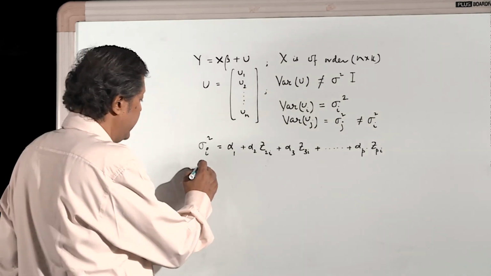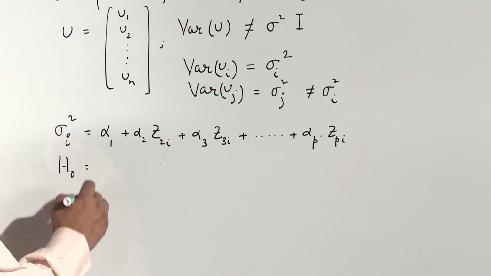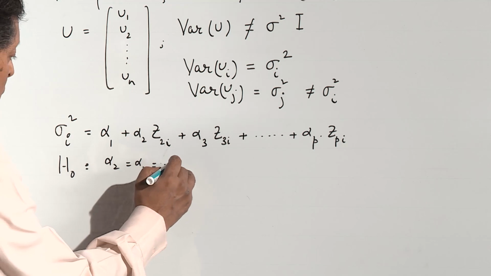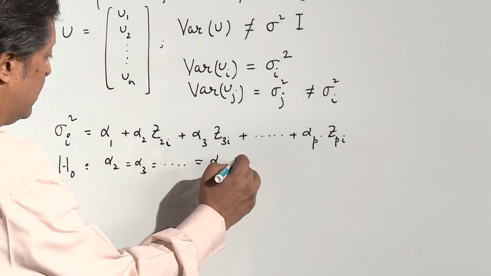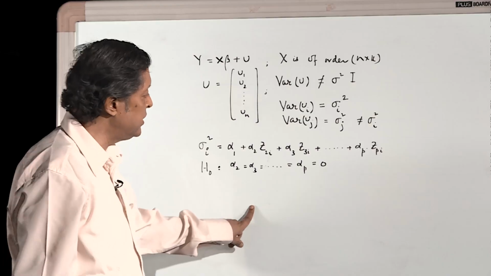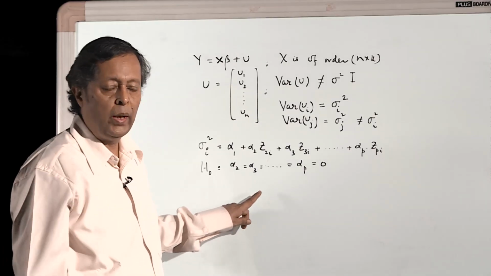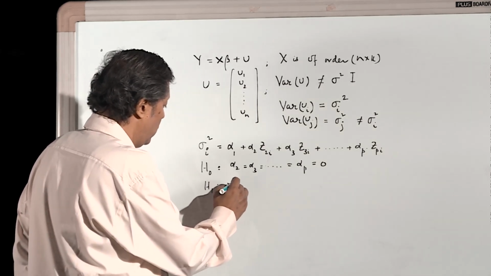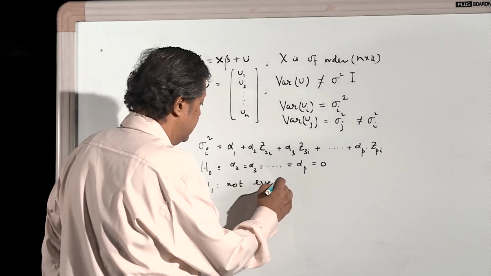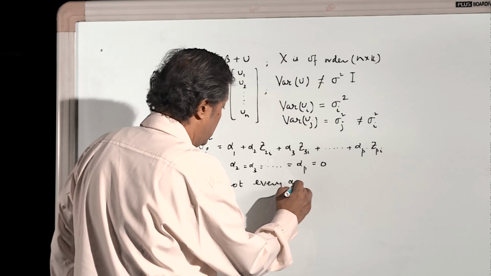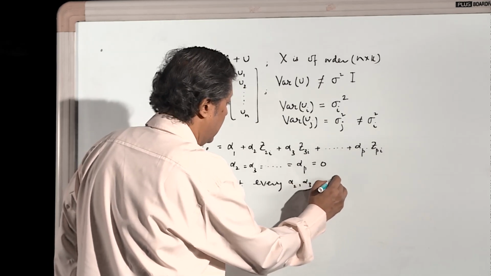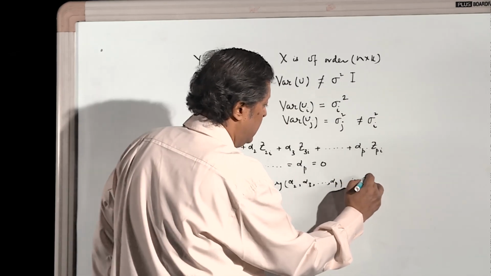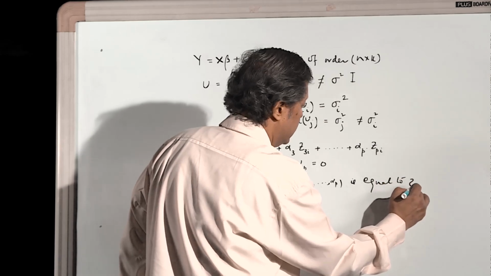We want to test the null hypothesis alpha 2 equal to alpha 3 equal to alpha p equal to 0. If we accept the null hypothesis, then we say that there is no heteroskedasticity, and the alternative hypothesis is that not every one of alpha 2, alpha 3, alpha p is equal to 0.